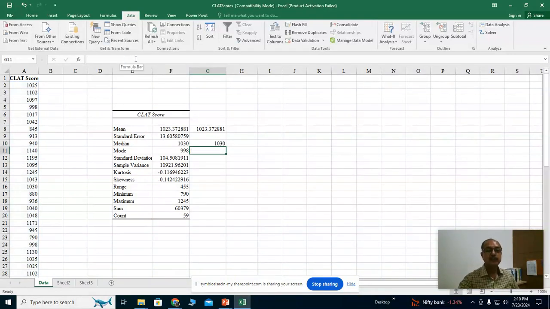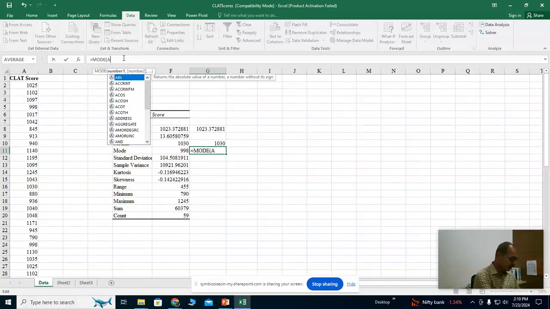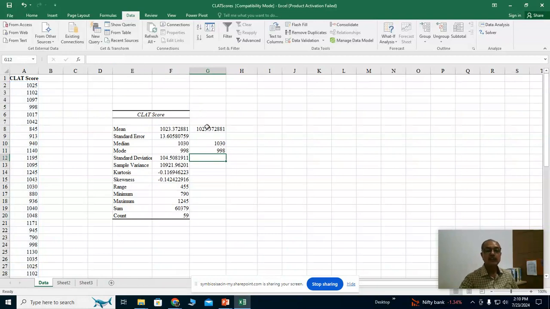Put the enter button. So you can see the median is also calculated here. The mode, if you want to calculate, again put the equal sign here and write mode. You can see the mode has come already. Select this one, and again provide the data. So this is also calculated.